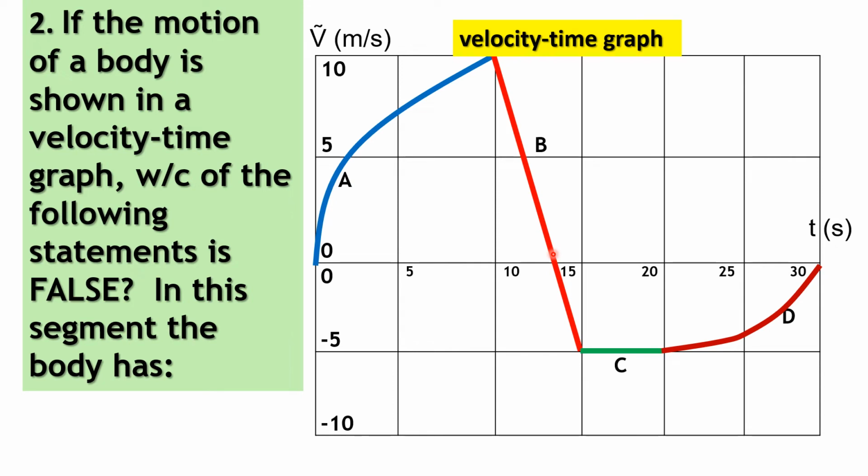the magnitude of the velocity? Okay, from here, that's the initial velocity, 10. So as the time moves from 10 seconds to 13 seconds, what is happening to the magnitude of the velocity? It is in fact decreasing from 10 to 0. And that is usually what we call deceleration. The body is slowing down.